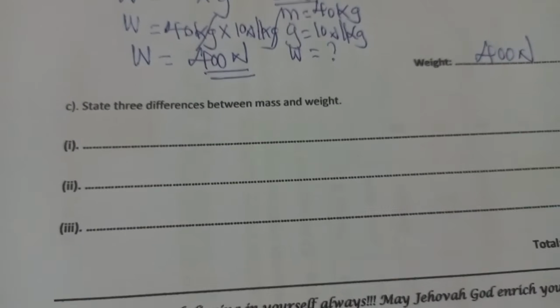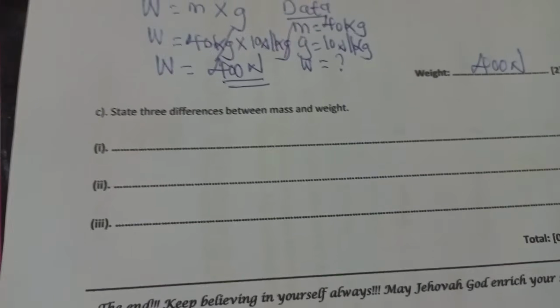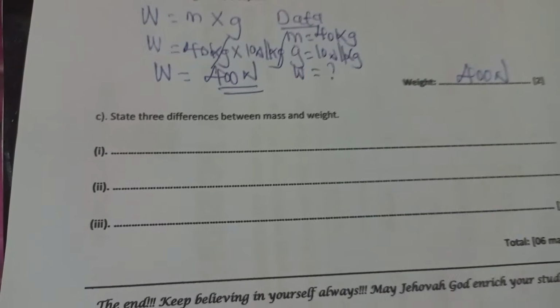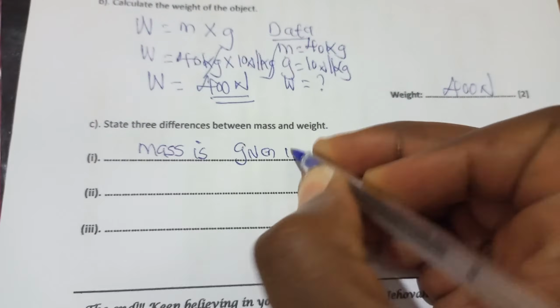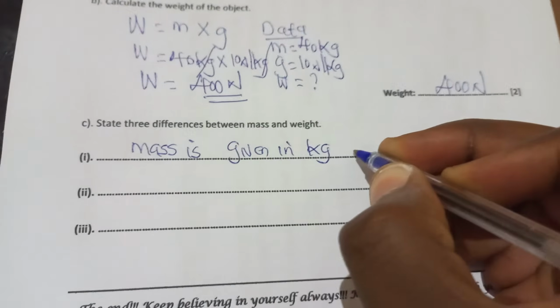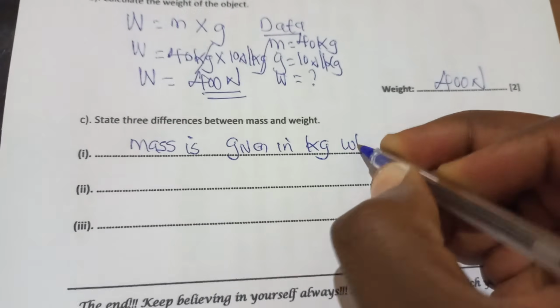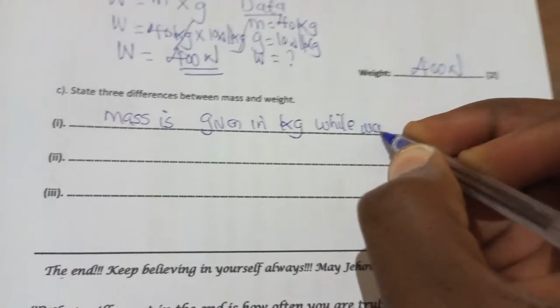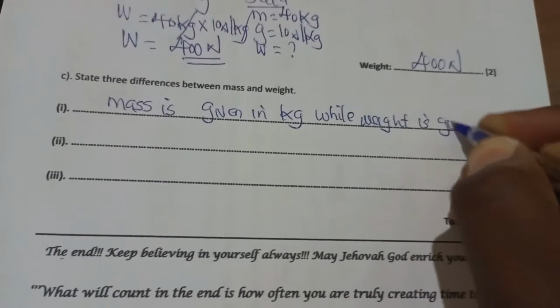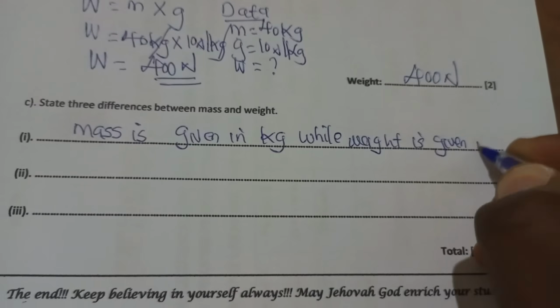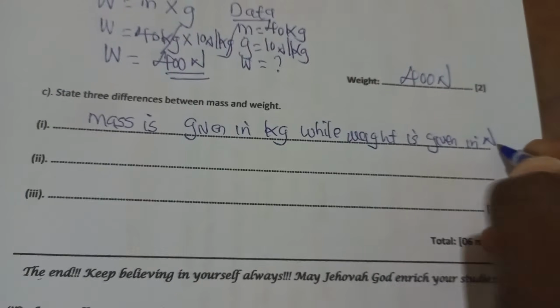Then we come to this one, which says state three differences between mass and weight. So I'm going to find that mass is given in kg, while weight is given in newtons.